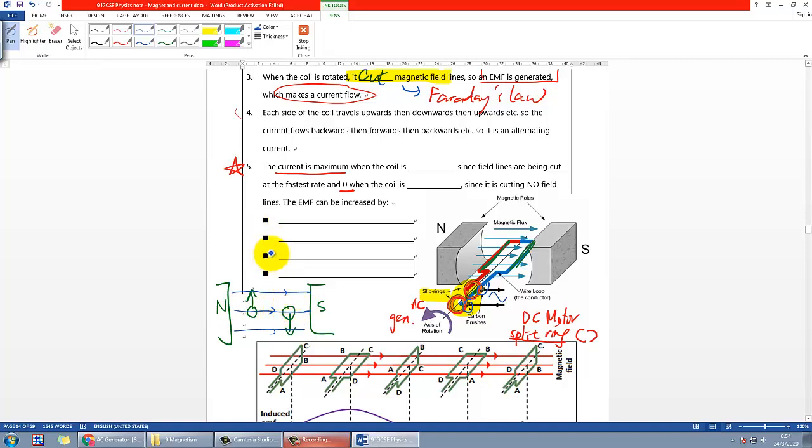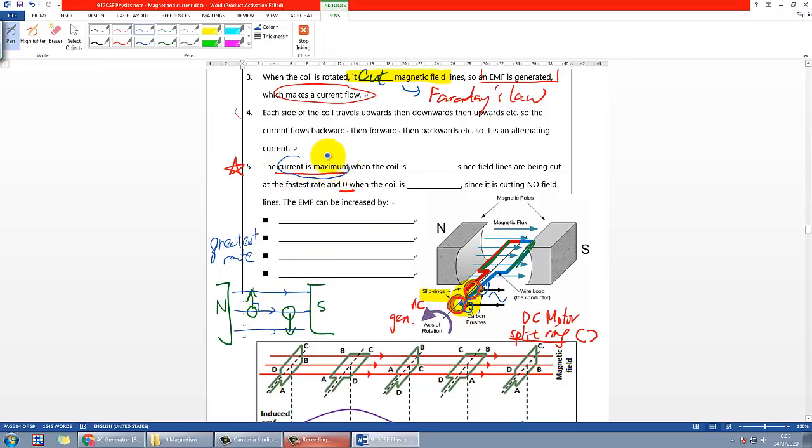So if you think about this, in this case you will simply be cutting the B field at the greatest rate, because you literally cut this B field at 90 degrees. You can see 90 degrees, and if you remember, for Fleming's rules, 90 degrees is very important.